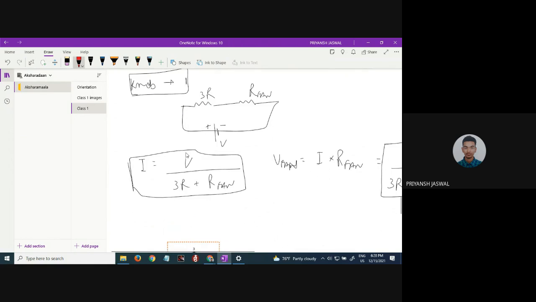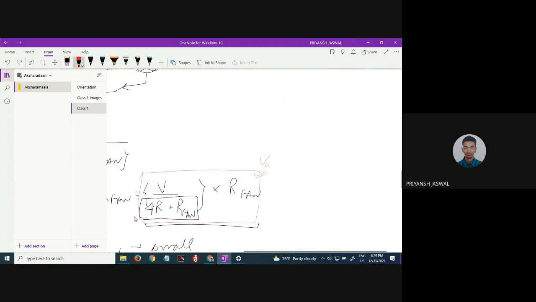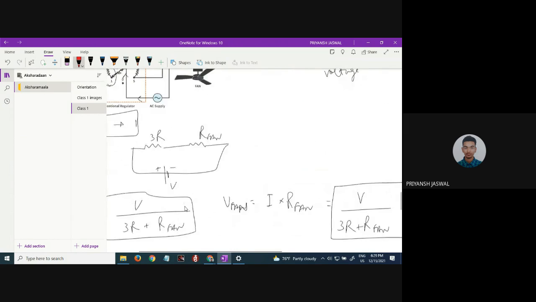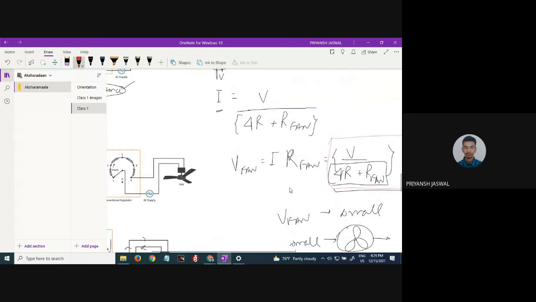So this time the denominator is smaller than before, because earlier it was 4 times R plus R fan. So the I was small. This time the I will be slightly more compared to the earlier case. Let's call it I1 this time, and that one was I0.